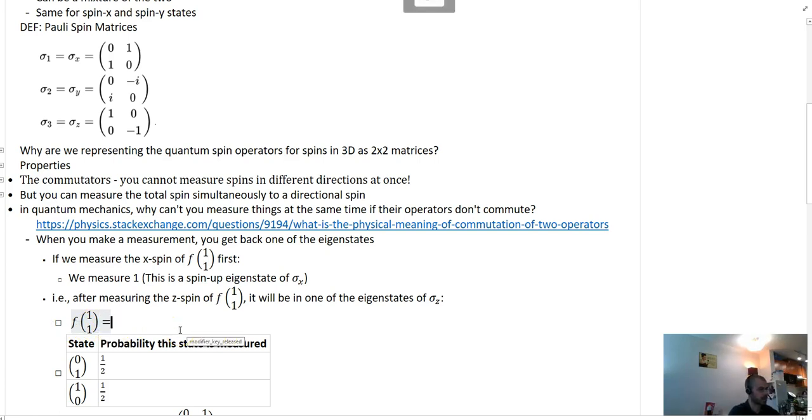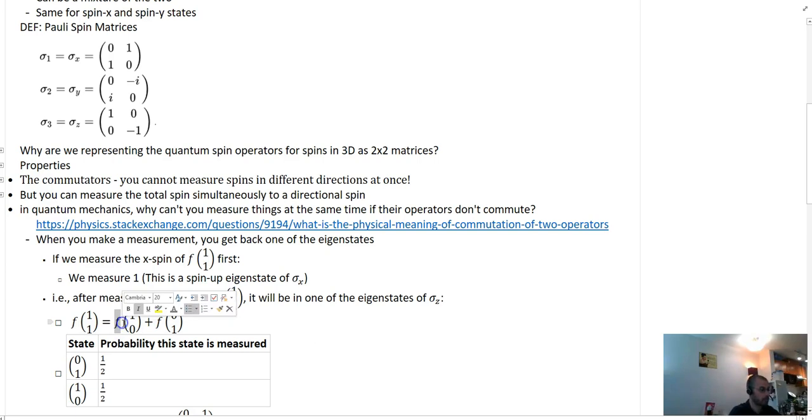So this is actually equal to f times (1, 0) and f times (0, 1). Remember, this is the up eigenstate, and this is the down eigenstate. So now we've got it expressed in terms of the eigenstates of z.